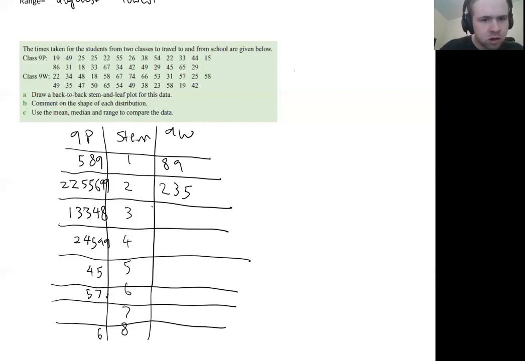For our 30s, we've got a 31. We've got a 34. We've got a 35. And is that all that we have? Oh, no, 38. So 31, 34, 35, and 38 are our 30s here.